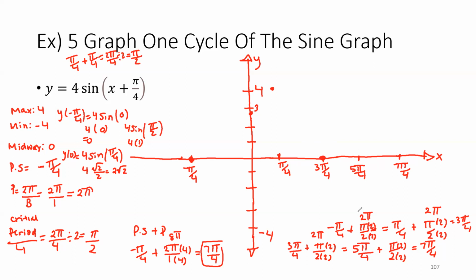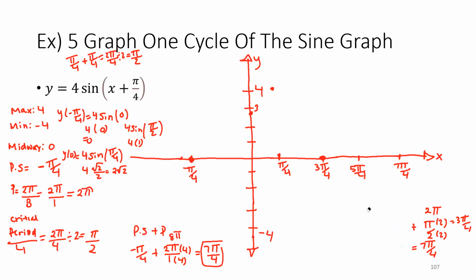At 5 pi over 4, it's going to go to your minimum. And then at 7 pi over 4, midway. Okay, it's going to look like this. That is your graph. That is one cycle. I think that is enough. That is all the examples.